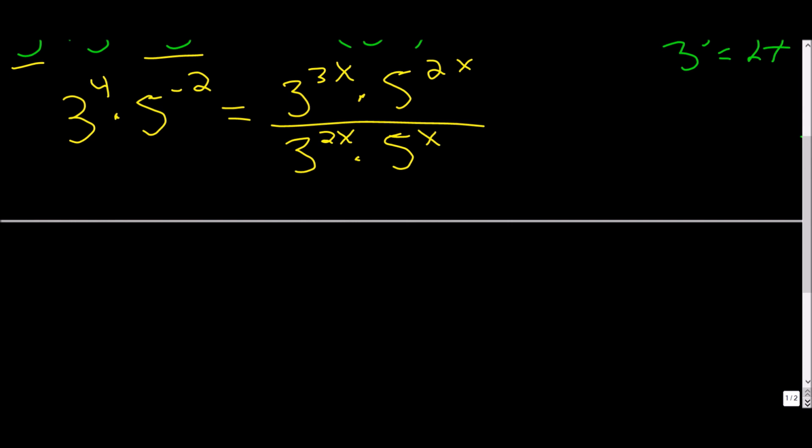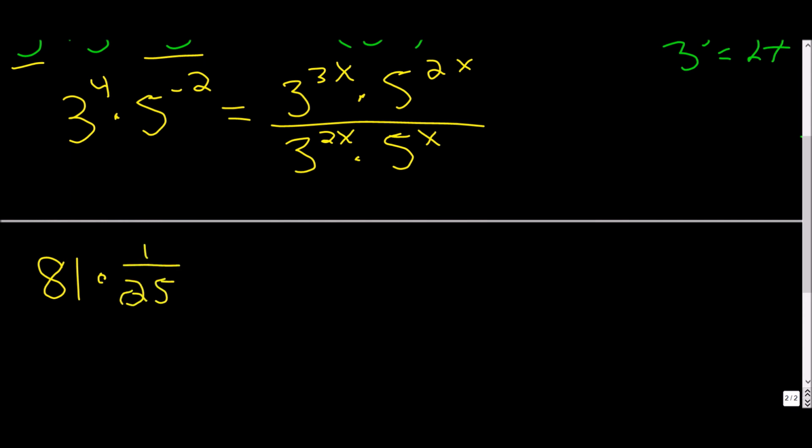And so my left side here, 3 to the 4th is the same thing as 81. 5 to the negative 2 is the same thing as 1 over 25. So it's 1 over 5 squared.